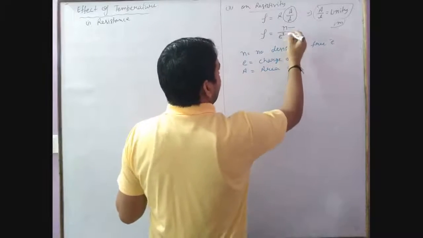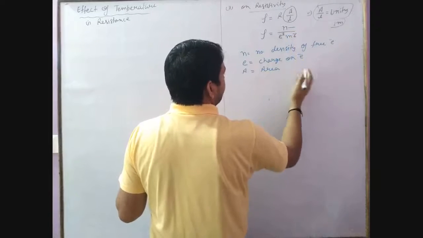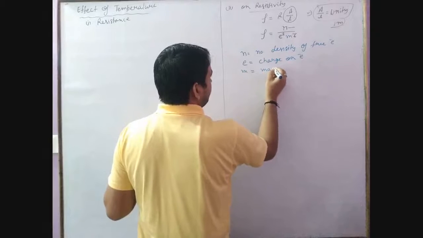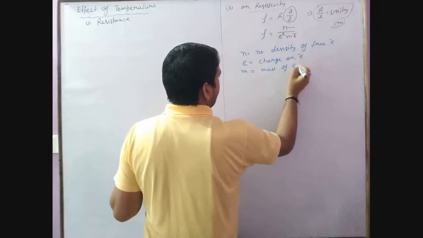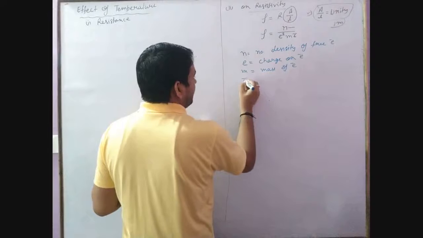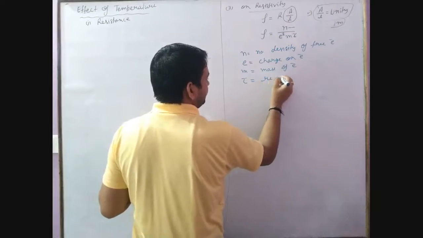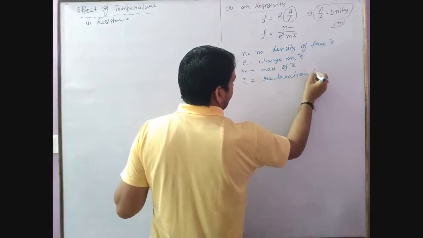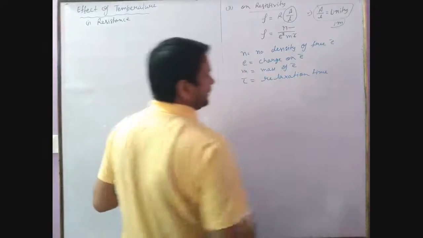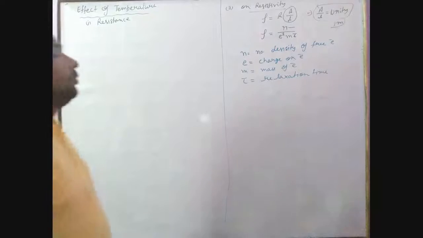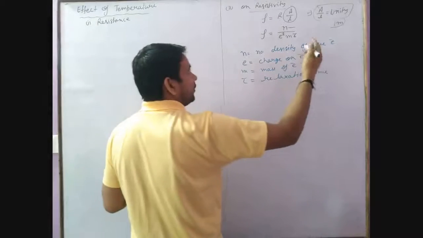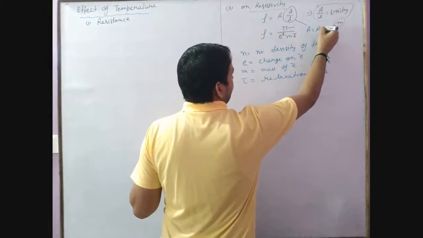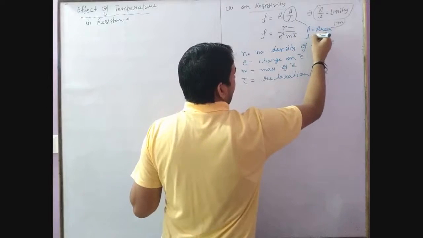M is the mass of electron, and tau is the relaxation time between two consecutive collisions. And A is the area of cross section, L is length.